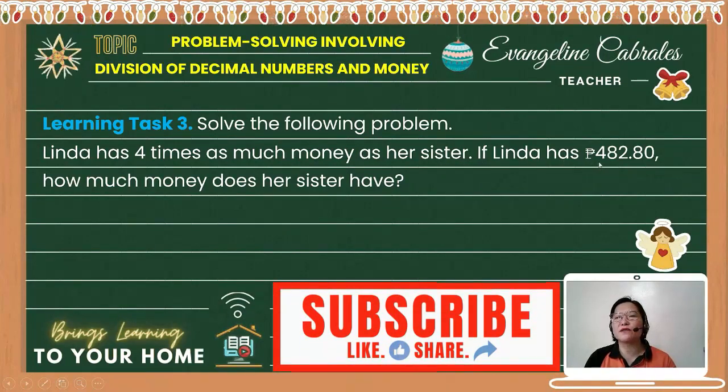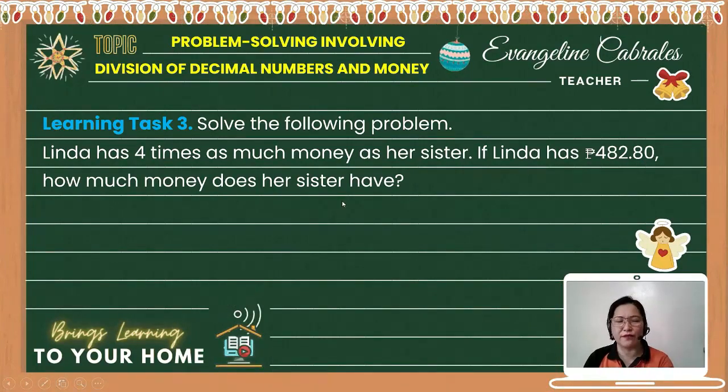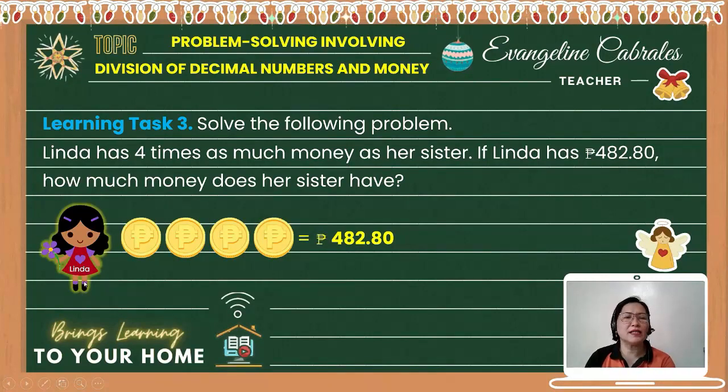If Linda has 482 pesos and 80 centavos, how much money does her sister have? So, let us visualize. Ito si Linda. Meron daw siyang 4 times as much money as her sister. At yung 4 times as much money na meron siya ay equivalent sa 482 pesos and 80 centavos.